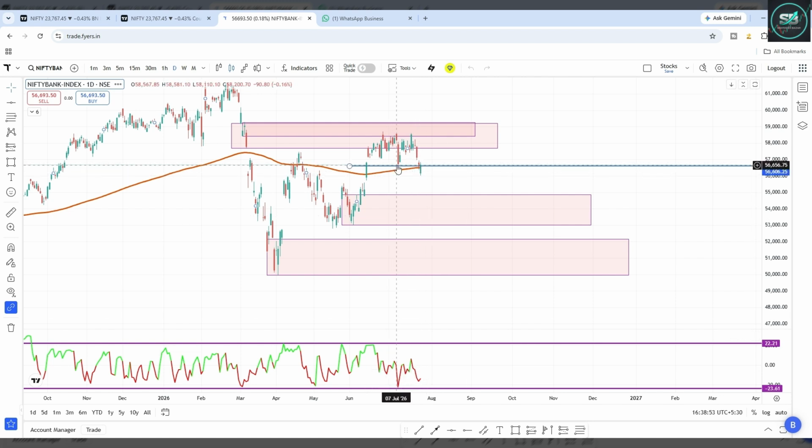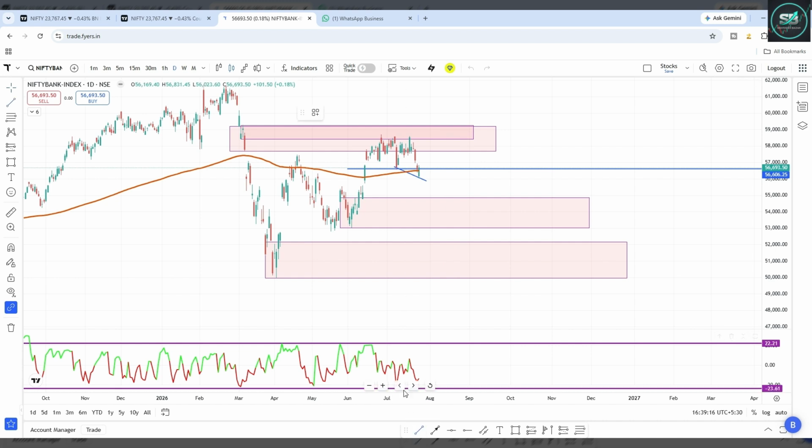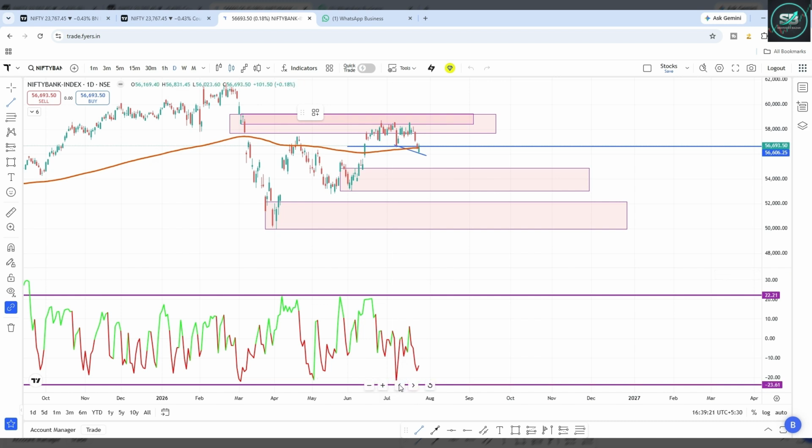Now here you see this is the lower high and this is the lower low, whereas in RSI you see higher low and lower high. So here you are seeing the divergence in RSI as well in Bank Nifty. If I have to draw this divergence, you see here lower low divergence, whereas here you are going to see the lower high divergence.